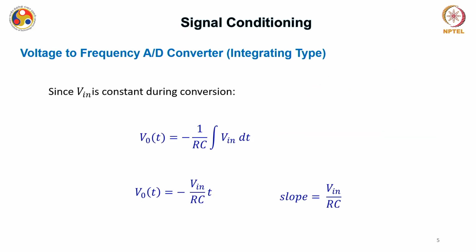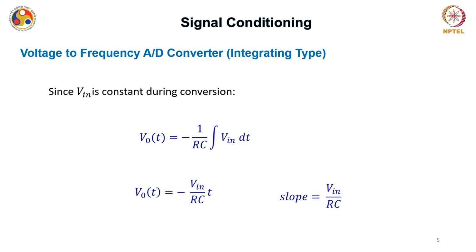Since we are also using a sample and hold circuit, you are keeping V in constant even for a temporary time. We have seen that a sample and hold circuit freezes the input voltage for a very small time period, maybe of the order of picoseconds or microseconds, and during that time I can say that V in is constant.